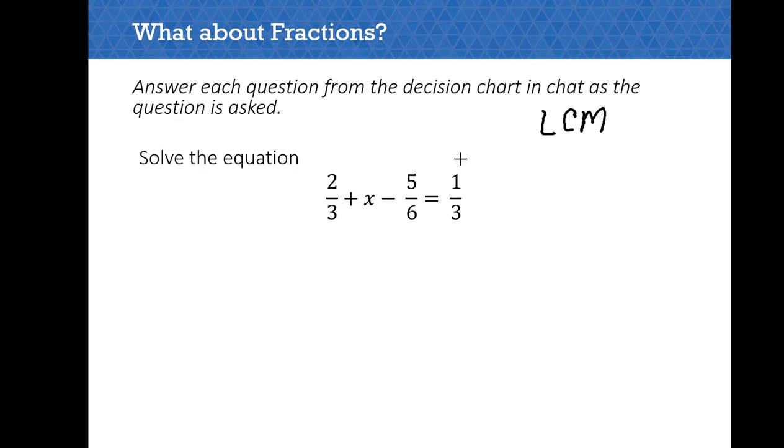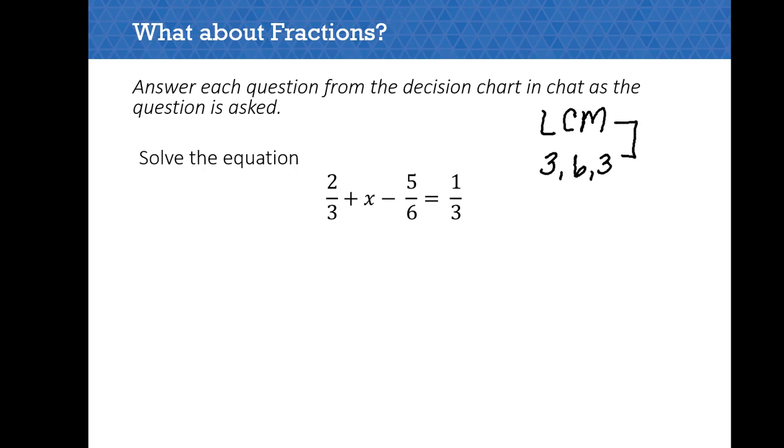So what you do is you take your denominators, and it's only your denominators you have to worry about. Don't worry about the numerators at all, just your denominators. My denominators are 3, 6, and 3, or just 3 and 6. So I need to know what's the least common multiple of 3 and 6.